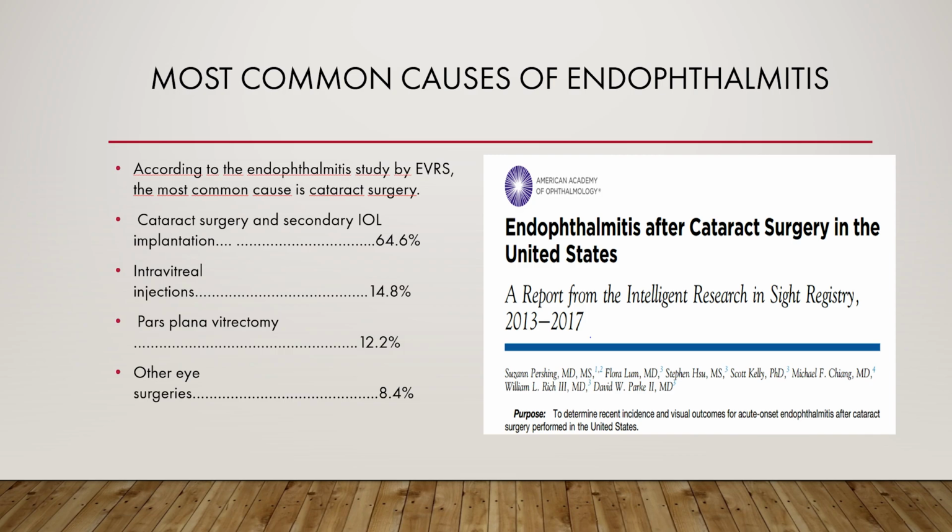Here we are seeing the most common causes of endophthalmitis according to the EVRS study. As we all know, the first and most common cause is anterior chamber surgery. The second is intravitreal injections, then pars plana vitrectomy, and the other eye surgeries come after vitrectomy.